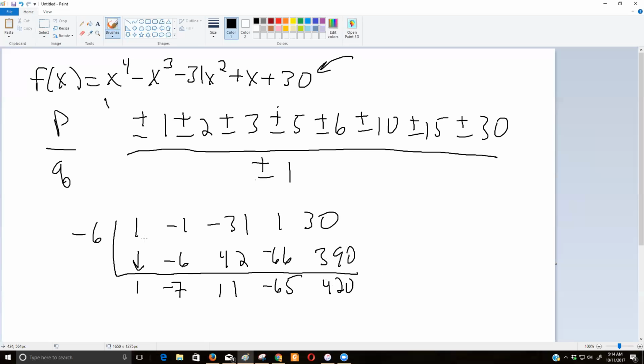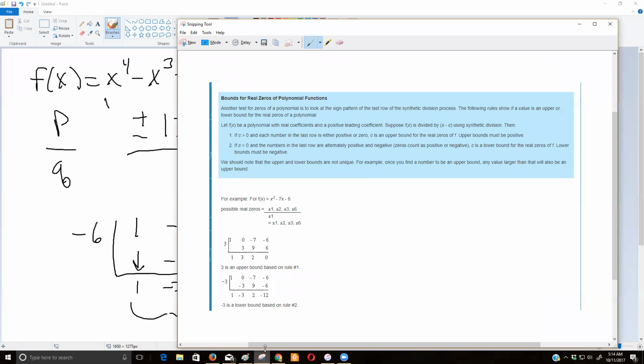Notice -6 is not a 0. But what I am noticing is that alternating feature of the signs. In this situation, the value I'm testing is less than 0, and you see how the signs alternate in that last row of the synthetic division.